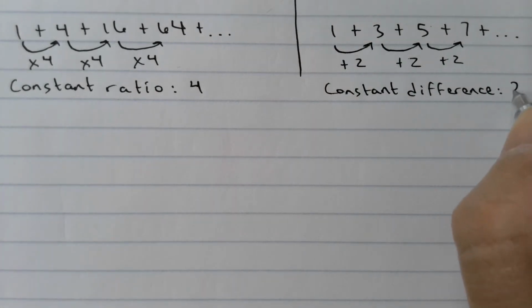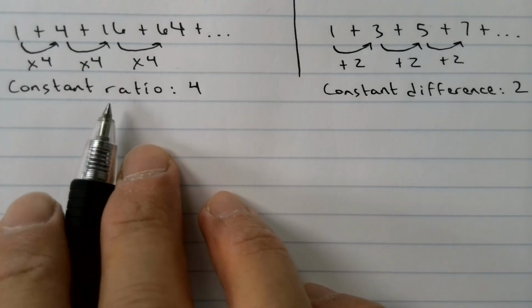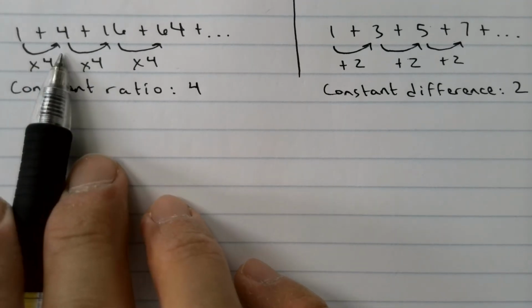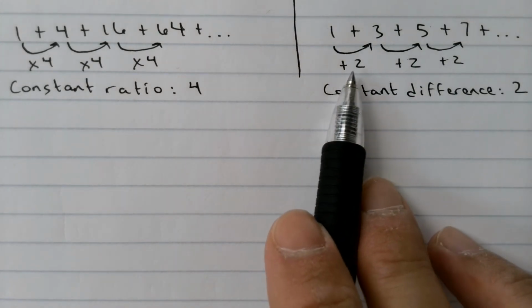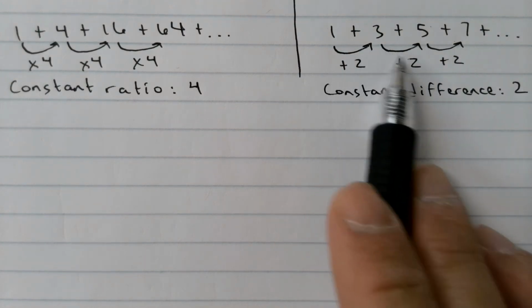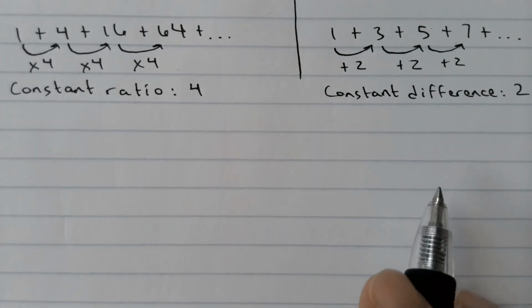And that value is the number 2, at least in this series. So we have a series where we have to multiply by the same number to get from one term to the next. Or we have another series where we add by one number to get to the next. The same number again, we add, and that's how the pattern works.